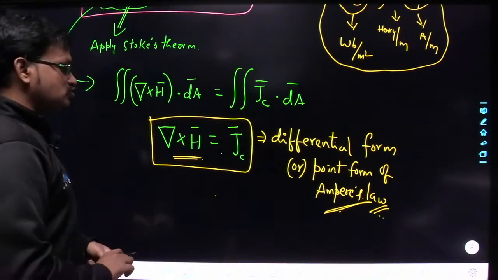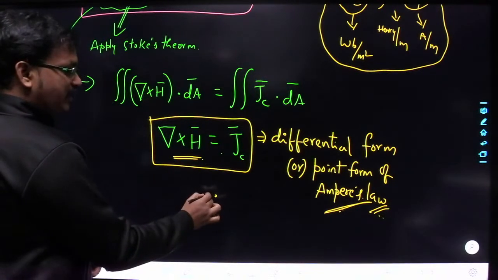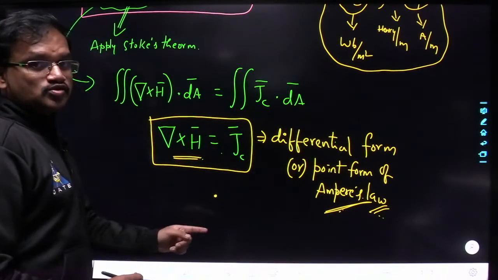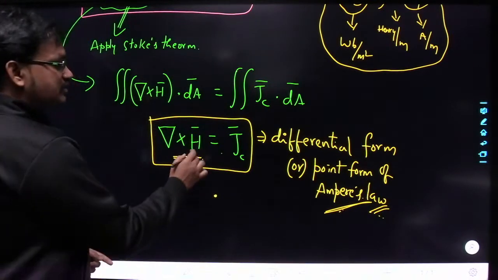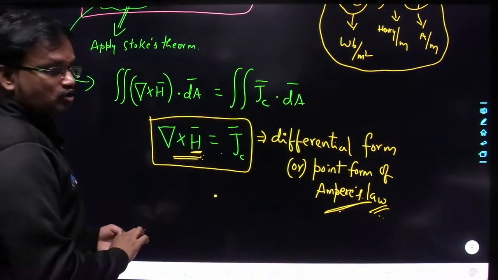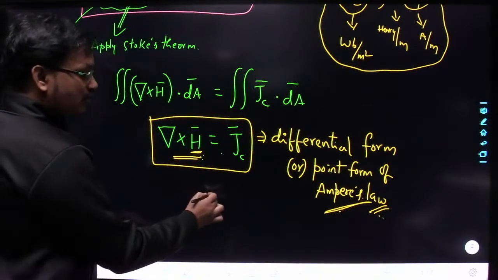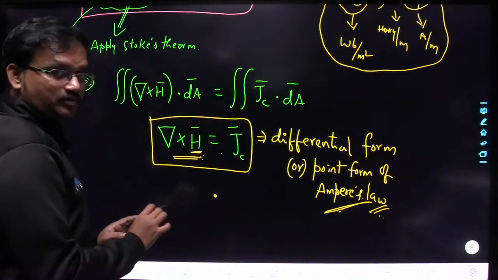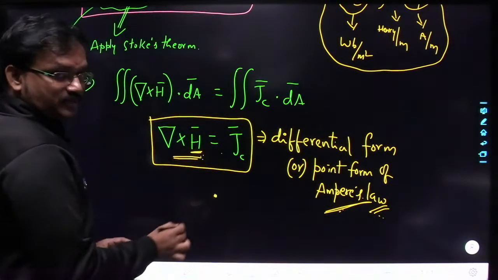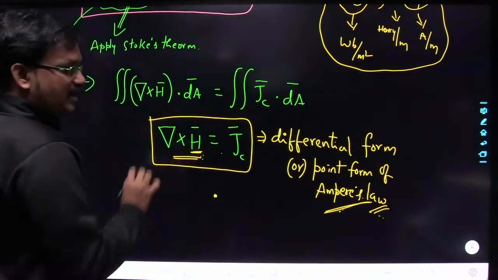Understood? Okay. So if you are having any circulation about any point, it means at that point there must be a source of that field. Here the field is H bar. So if you have circulation of the H field about any point, there must be a source of this H field at that point.